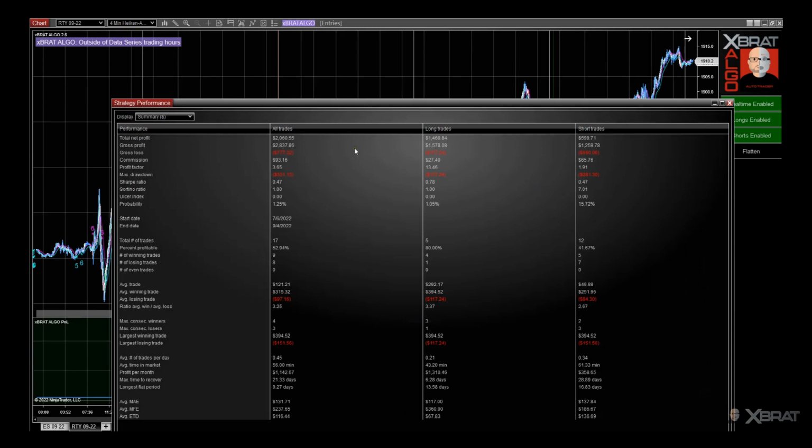Perfect. So we've changed the max loss down to minus 300. We're actually making more profit because we're hitting some max losses and reducing those losses.